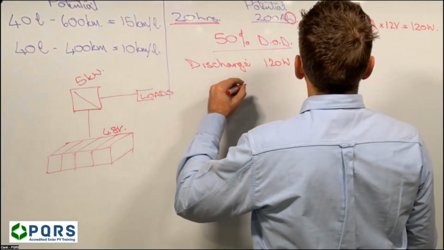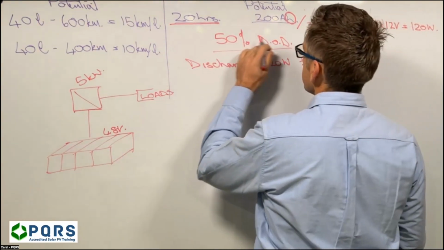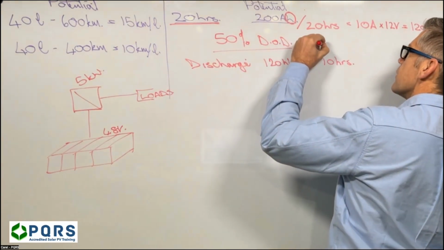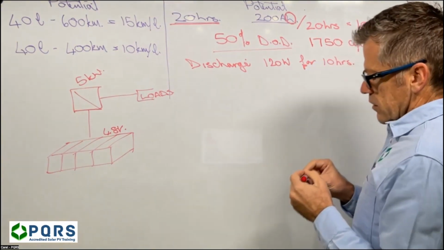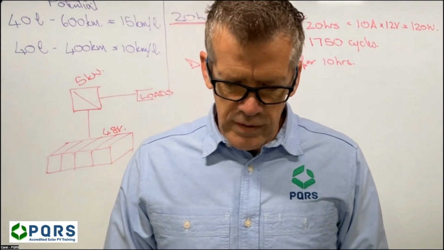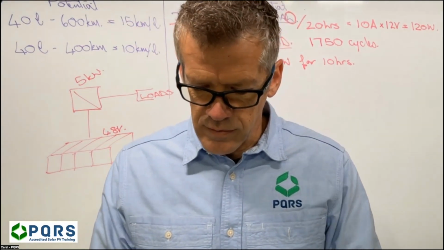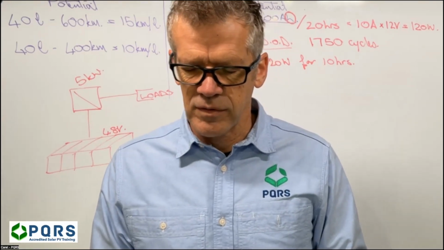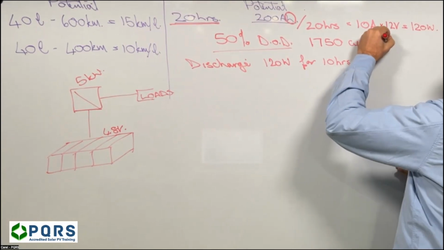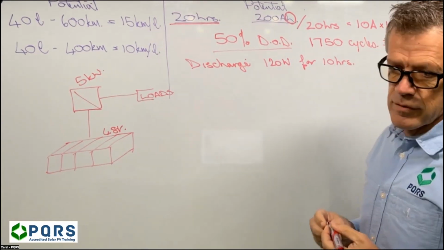So discharge at 120 watts for 10 hours, 50% depth of discharge, 1,750 cycles. That would be the equivalent in an off-grid application, 1750 divided by 365. That'll be roughly 5 years. So plus minus 5 years is more or less how long the battery is going to last.